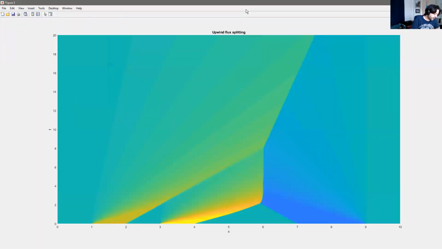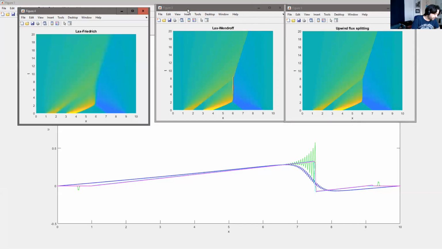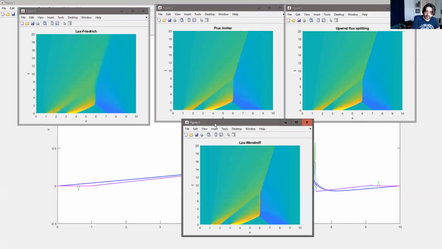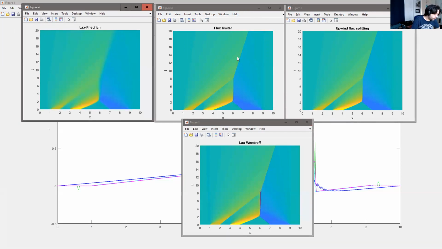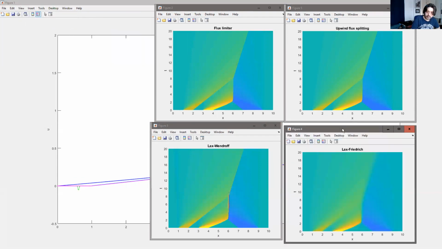If I just put them next to each other like this, so I have now these four different solutions next to each other, and I guess we can directly see the main differences.